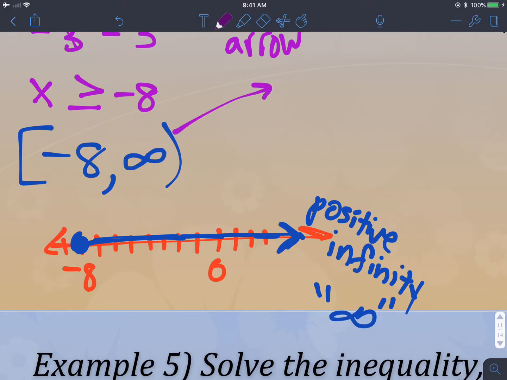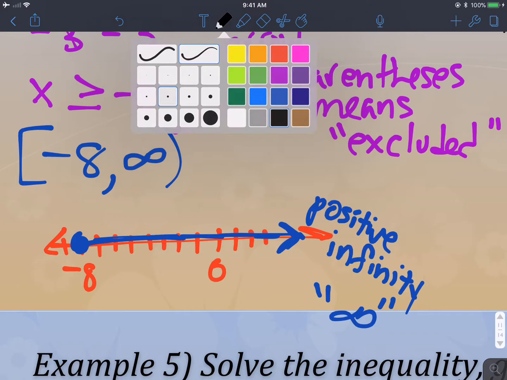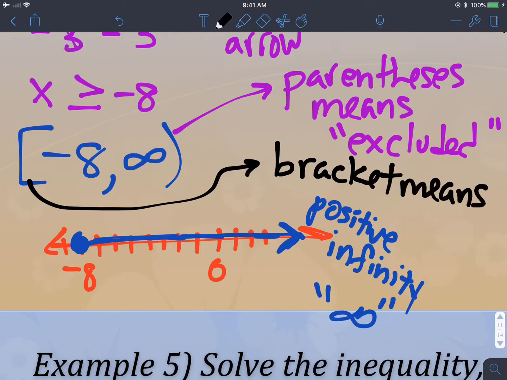Parentheses means it is excluded. On the other hand, the bracket means included.